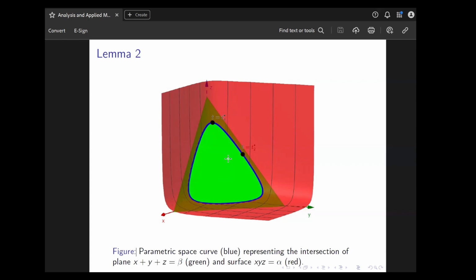And since I restrict to the case x less than or equal to y less than or equal to z, I have to look only at this part of the curve. And then I prove that on this curve, x to the r plus y to the r plus z to the r is monotonic. So it is maximal at one endpoint, minimal at the other endpoint. Okay. I will return to this idea later, but this is a crucial lemma in my results.